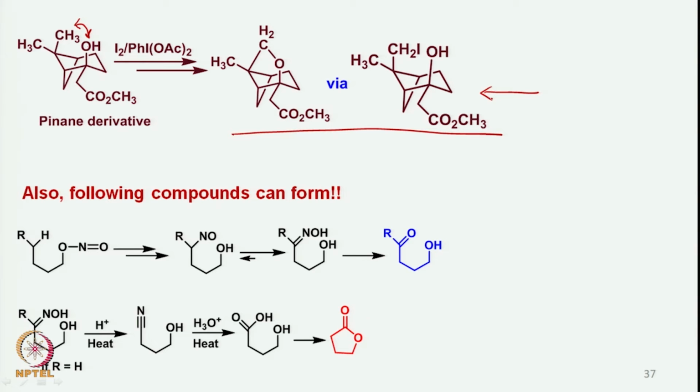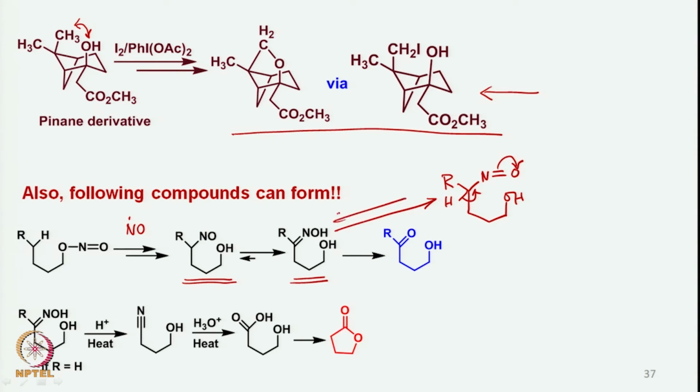Now what can also happen is that if one gets the corresponding molecule of this type, when the NO radical has reacted at this particular center here, we get this. This is basically nothing but the corresponding oxime, because this molecule here is a nitroso, and that is in equilibrium with the corresponding oxime.